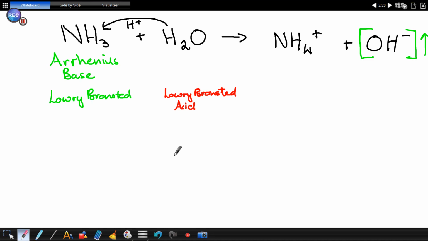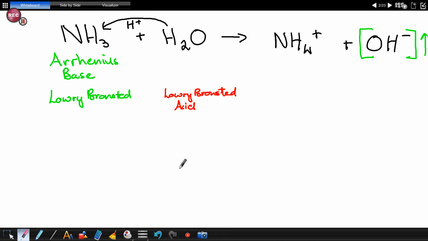No, read the simple English words defining an Arrhenius base. A base is a compound that increases the concentration of hydroxide ions. That's it.